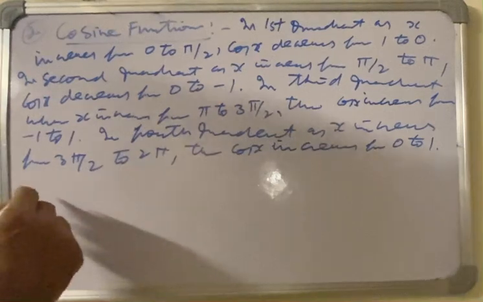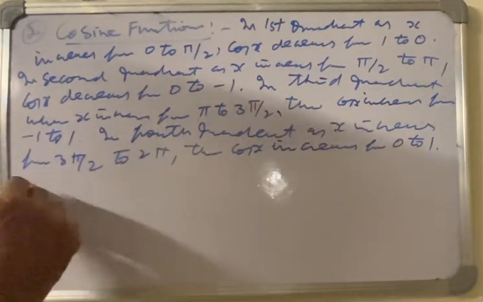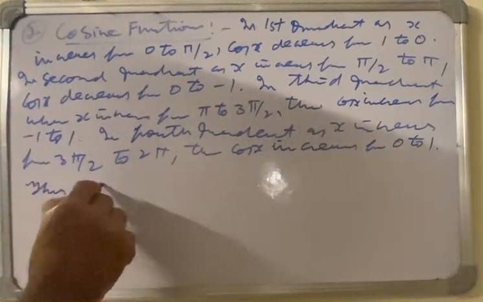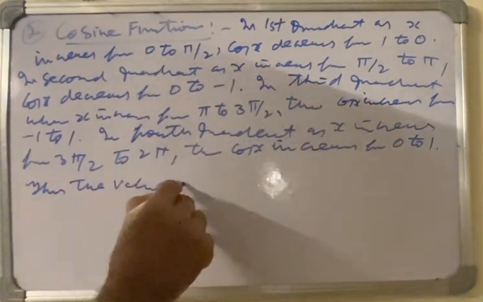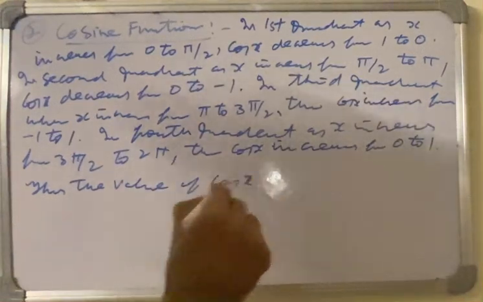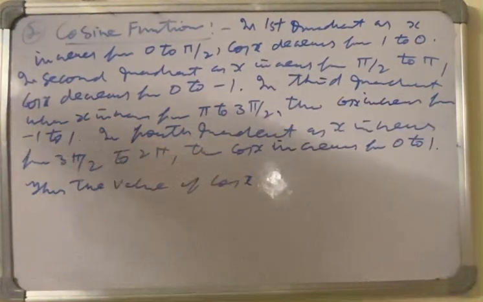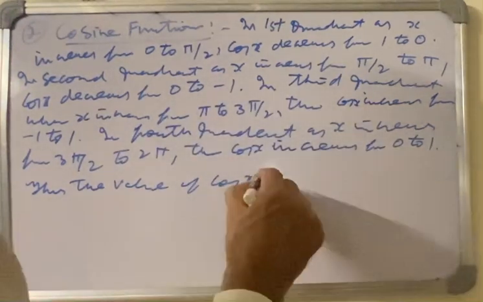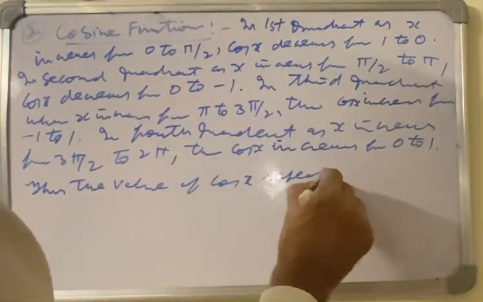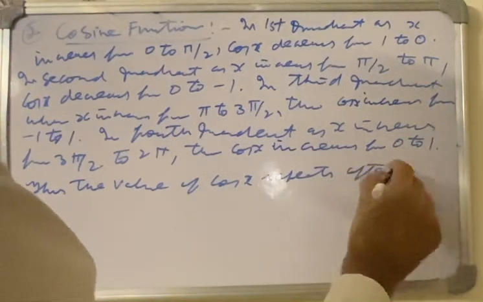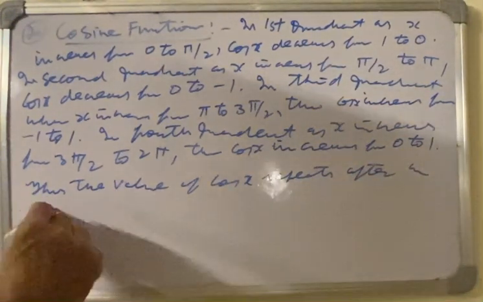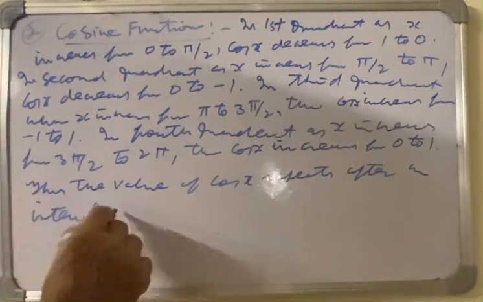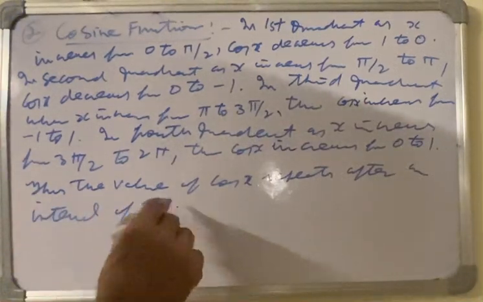Thus the value of cos x repeats after an interval of 2 pi.